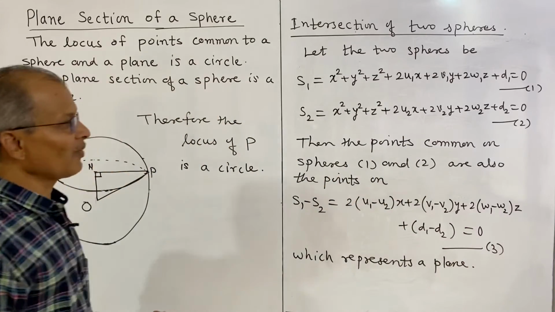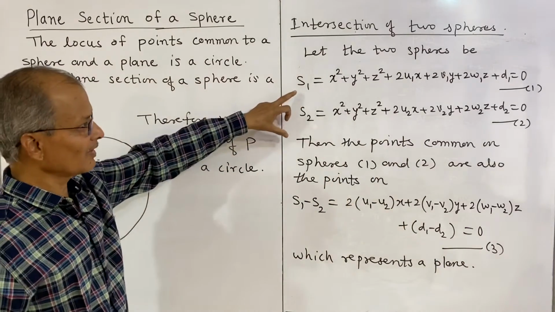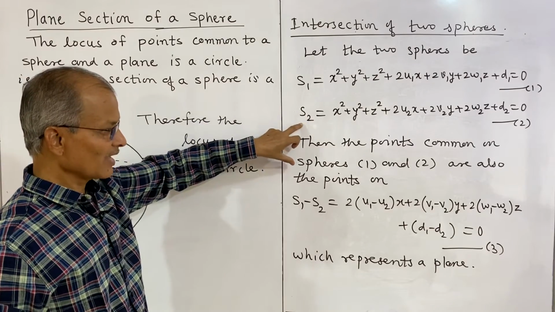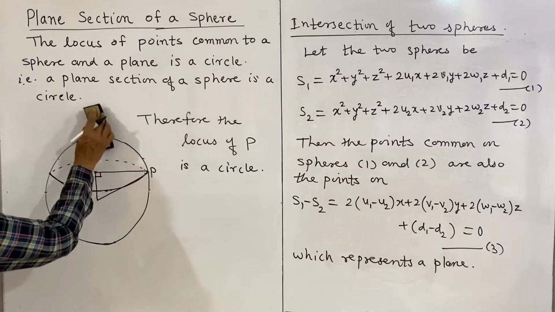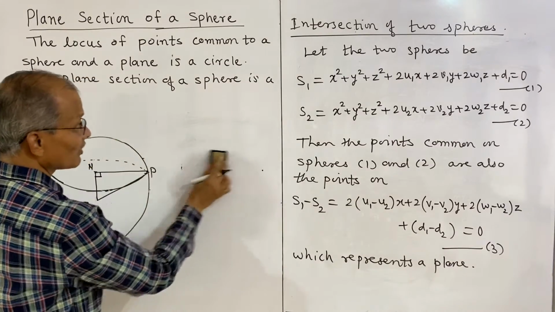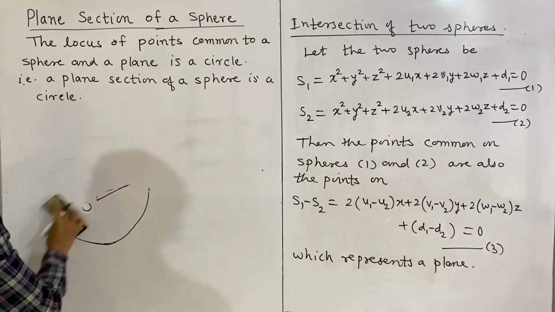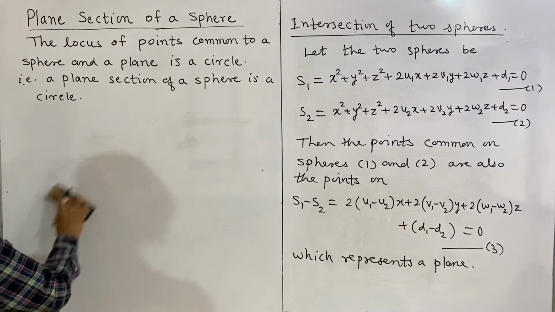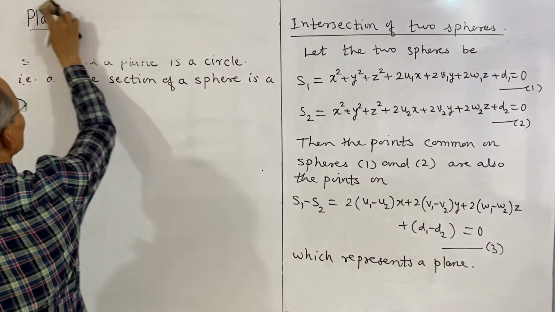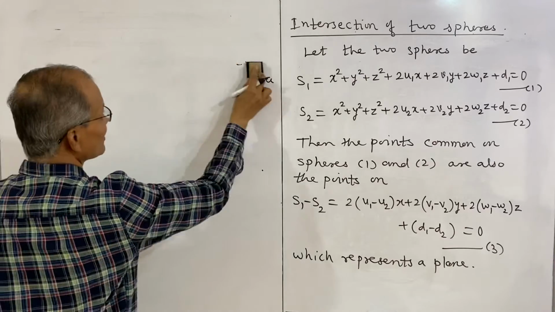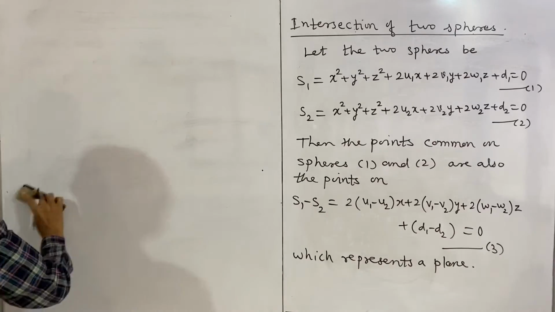And thus the points common on the first and second sphere is also a point on this plane, and therefore the points common to sphere 1 and 2. Now we are considering intersection of two spheres.